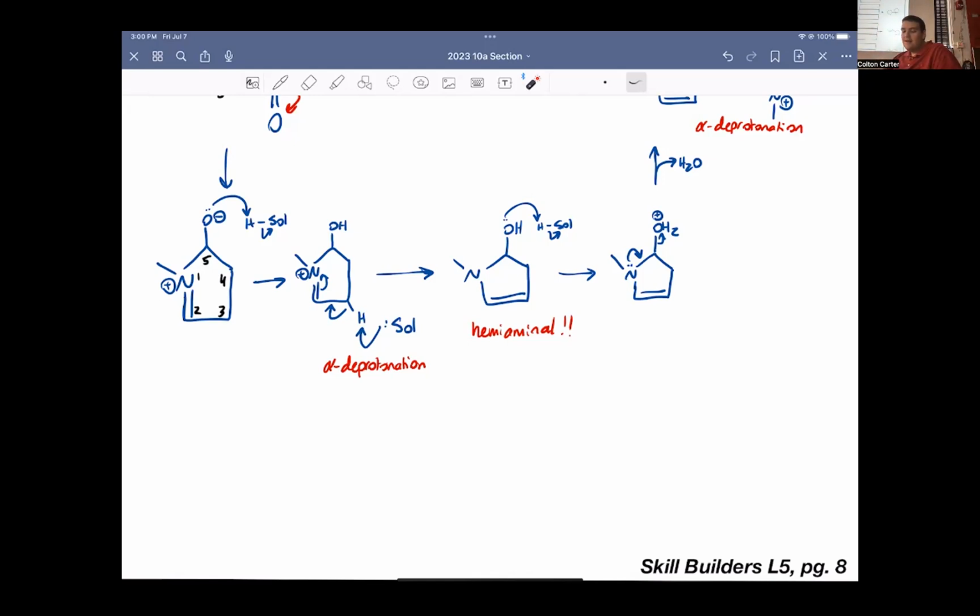It's one that we did not write explicitly, so I think it's a little confusing. Well, the intermediate here is we first make an aldehyde, and then that aldehyde goes all the way to a carboxylic acid. So we could have an aldehyde and turn it into a carboxylic acid too.